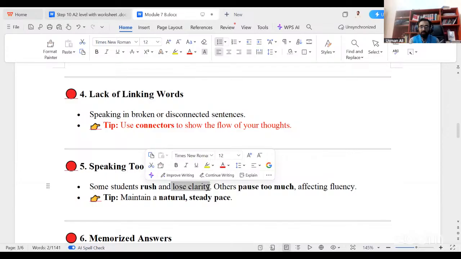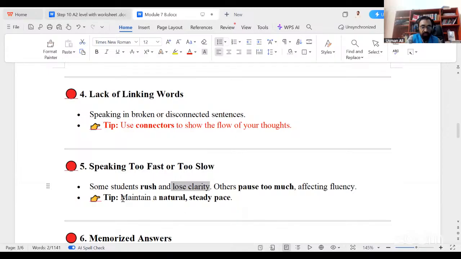And some of the students don't rush, they speak very slowly. Again, they are using techniques which will get them low band scores. It will affect your fluency. You are not to be very fast and you are not to be very slow.